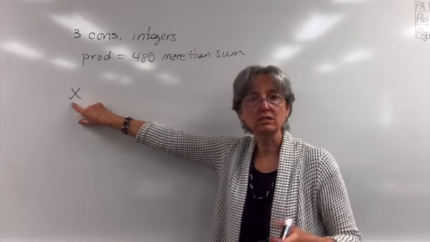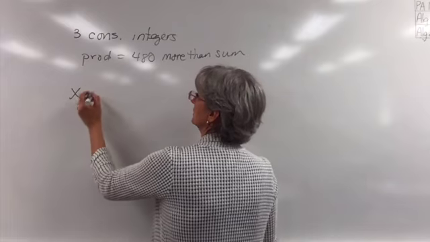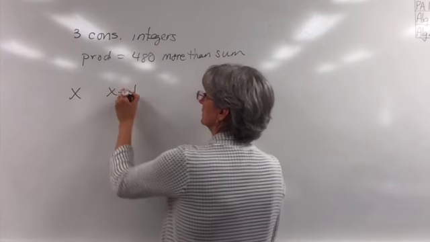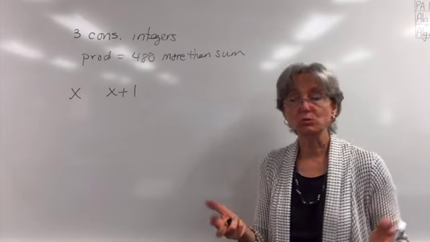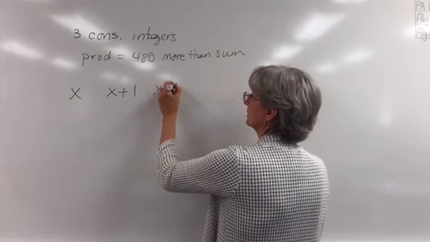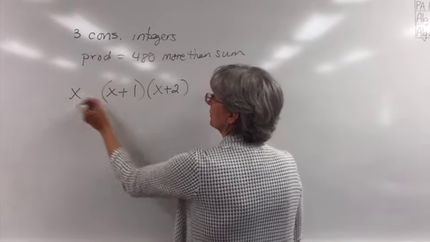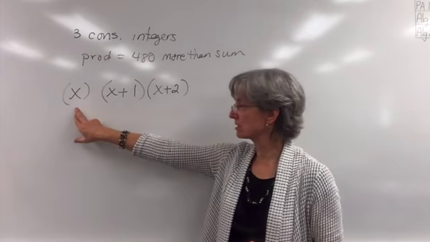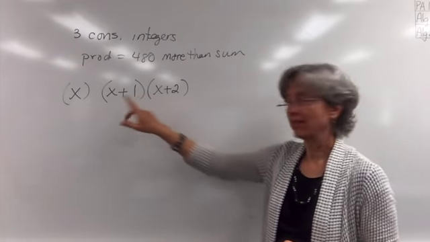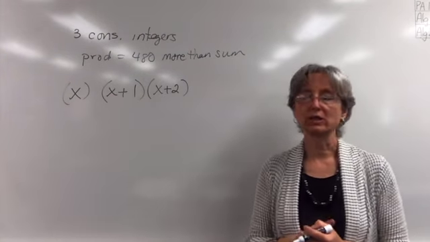Well, it's this plus 1. And then the one that would come after that is x plus 2. Those are my 3 consecutive integers. This plus 1 more, and that plus 2 more. That's 3 in a row.